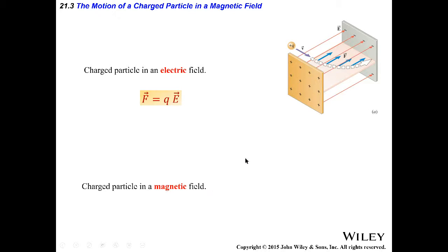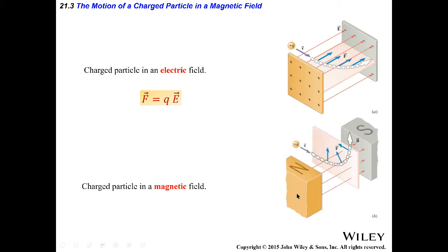But for a charged particle in a magnetic field, supposing I have the magnet, on this side is north, on that side is south, then the magnetic field goes from north to south, right? But now I have a charged particle coming in on this side. Then we have to use the right-hand rule.